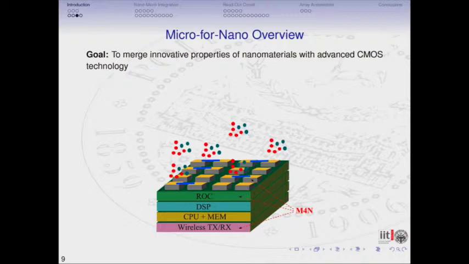In this way, you can conceive a sort of 3D IC where the first layer is a nano layer, and then you have different layers with different tasks, like the readout circuit, another layer for processing data, for storing data, and then the wireless transmission.